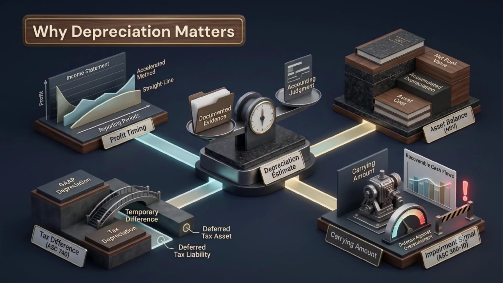A wrong useful life or method can distort profit, asset balances, margins, tax differences, and impairment analysis for several reporting periods. Depreciation is not just arithmetic, it is judgment supported by evidence. If the estimate is weak, the financial statements may still look neat, but neat does not always mean right. Accountants know this well. A spreadsheet can be perfectly formatted and still be perfectly wrong.